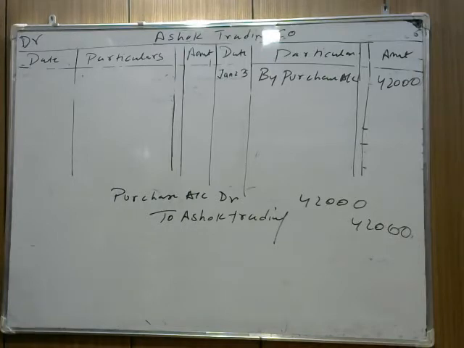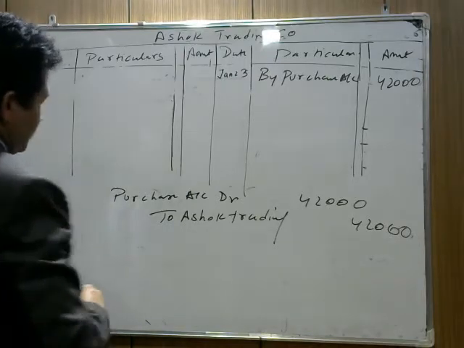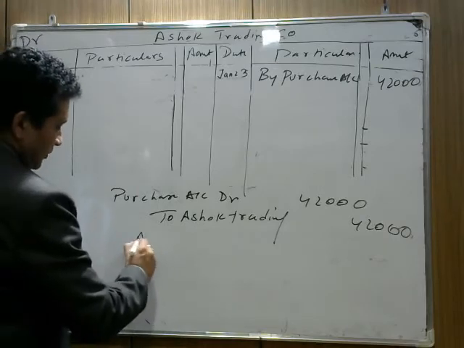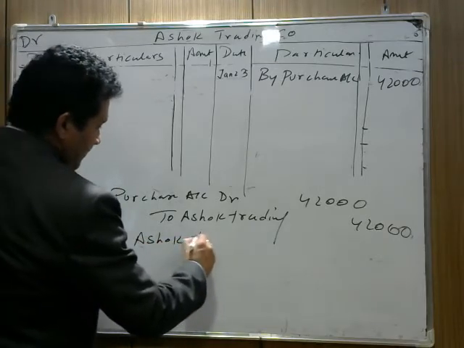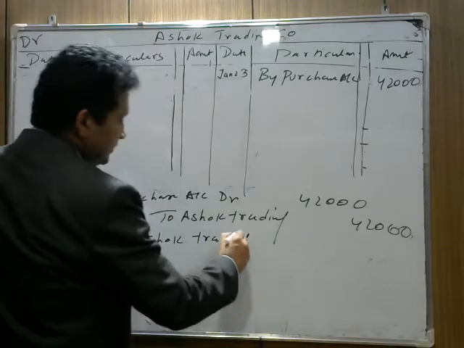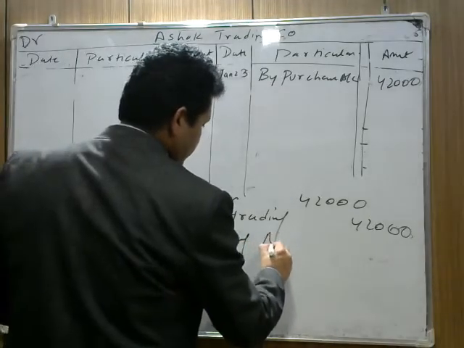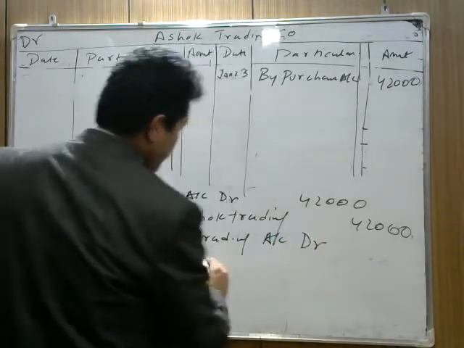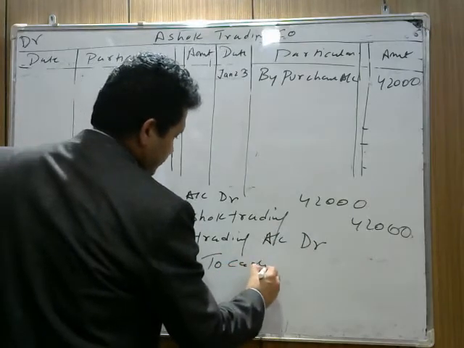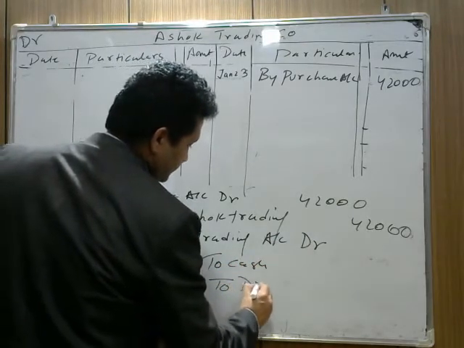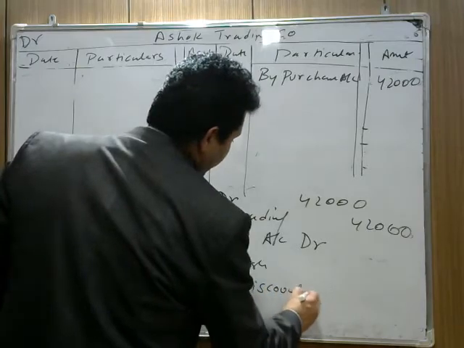We pay to Ashok Trading Company and receive discount. So we write Ashok Trading Company account debit to cash and to discount received. The discount is not in full settlement.